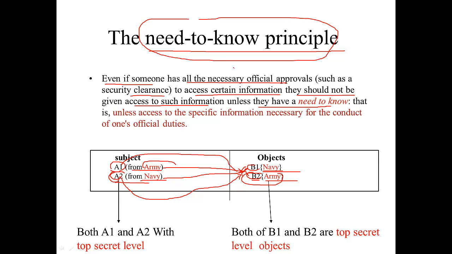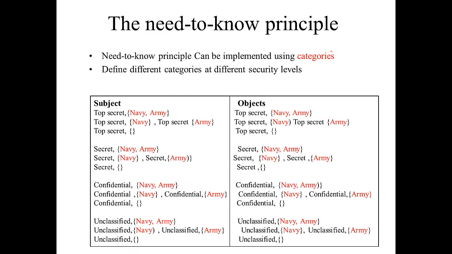So we need to merge the need to know principle into the BLP model. Okay? How to do that? In fact, the need to know principle can be implemented using categories.